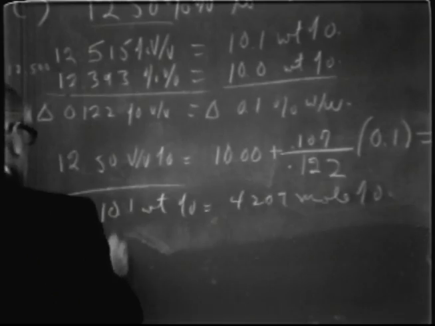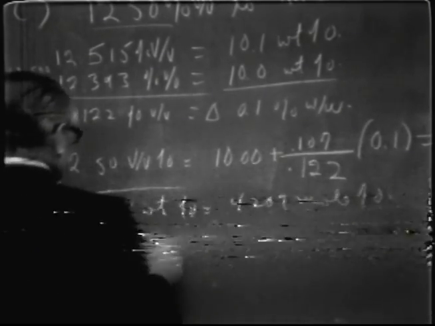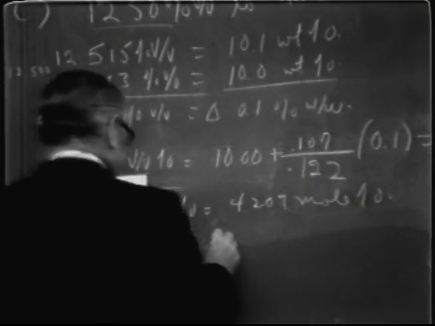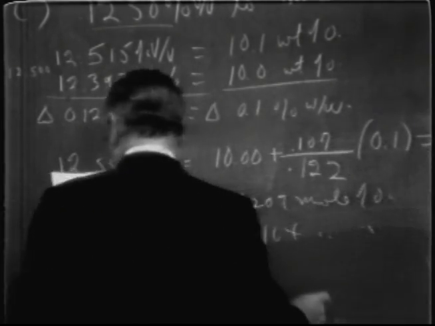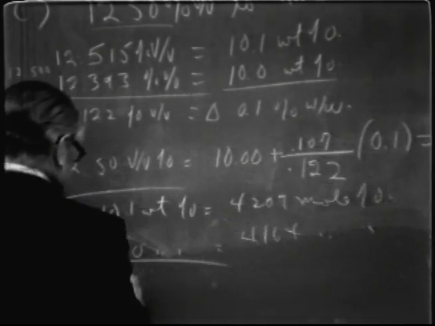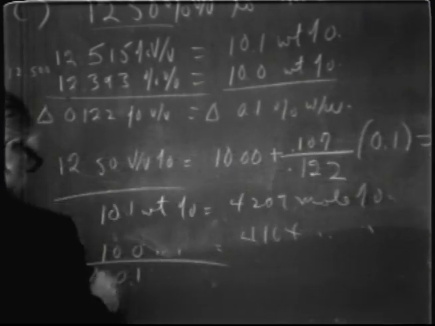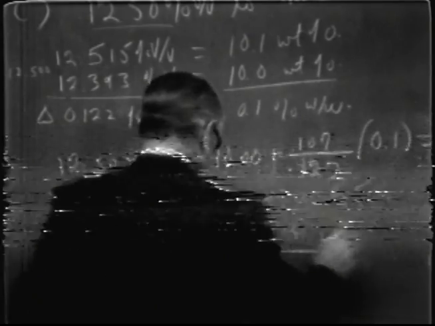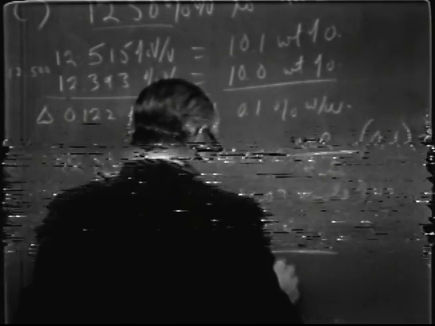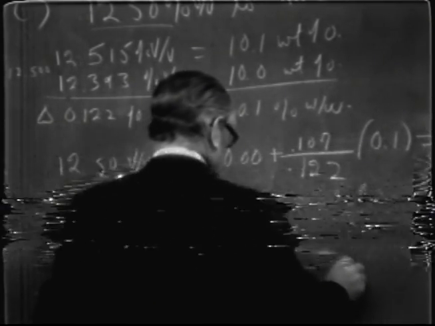And 10.0 weight percent is equal to 4.164 mole percent. And a difference of 1/10 here on a weight percent basis is equal to a difference of 0.045 on a mole percent basis.